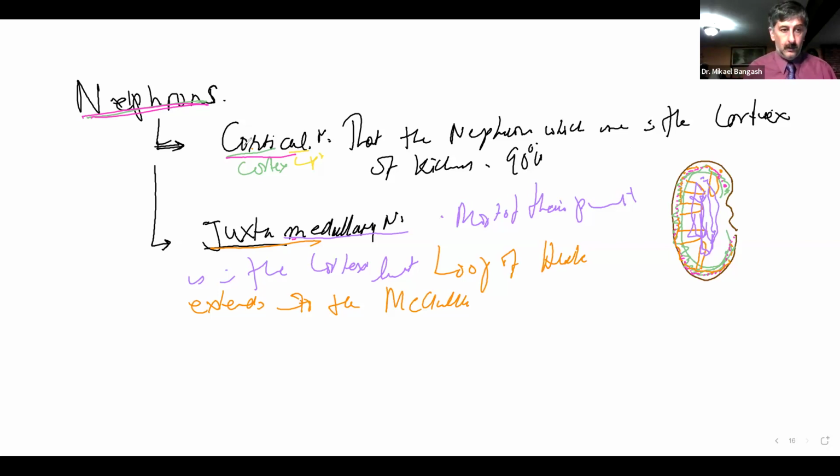And as I said, it is from the nephrons that we have the collecting ducts, which become renal papillae, become minor calyces, become major calyces, and empty in the pelvis. And from there leaves the ureter.